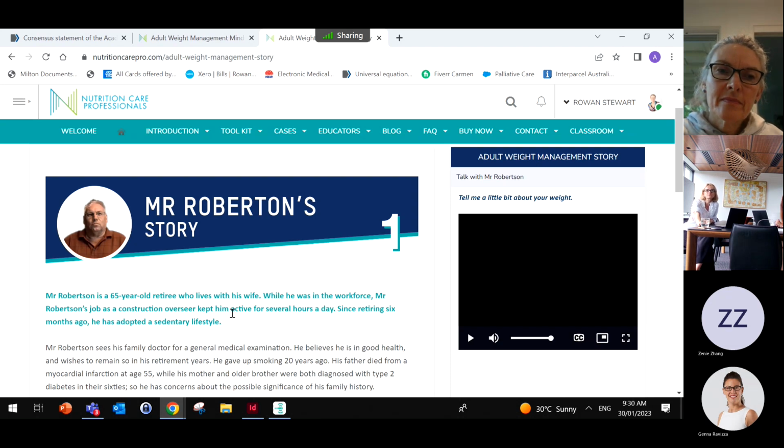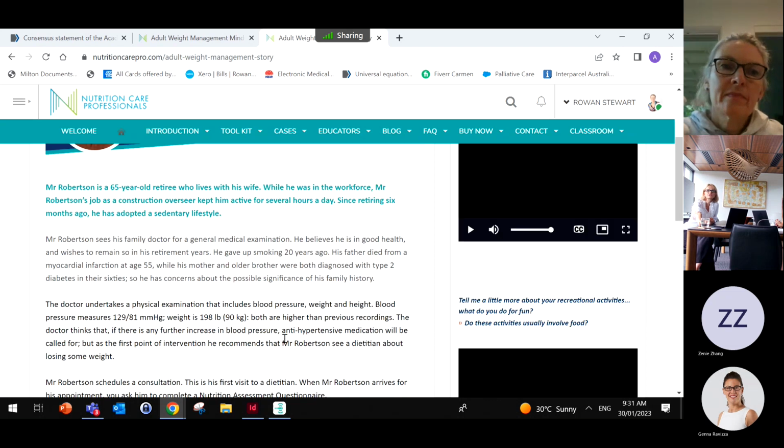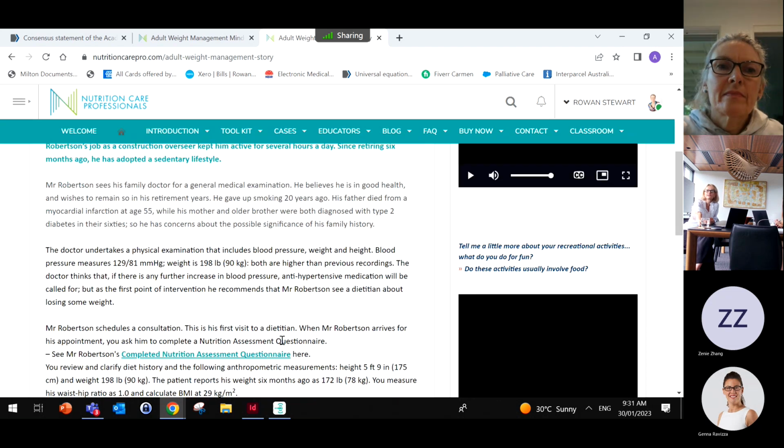And then we have a description of where the patient's at and what he's ready to achieve. This will give you his background medical information, a little bit about his smoking history, his family history, and it's important that you start to gather your assessment information at this point, and you might map out, like what you would use in your practice with the patient, a template where you can start recording the background information around the patient.